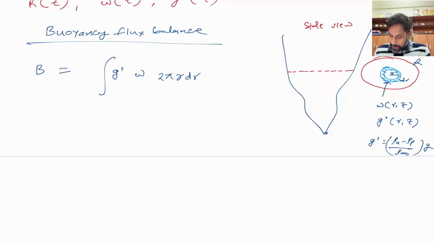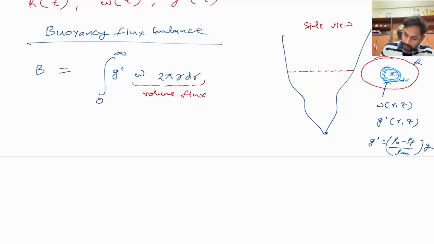That gives you the total buoyancy if you integrate it from 0 to infinity, right? This is the volume flux through that small element, and if you multiply that with reduced gravity, that gives you the buoyancy flux.